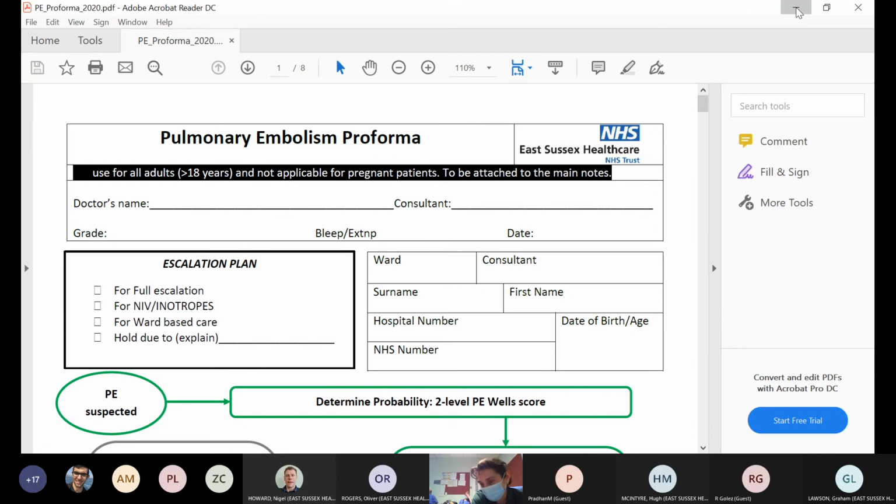But in general, in an acute typical presentation of breathlessness, dyspnea, pleuritic chest pain, the D-dimer is very reliable and helpful.